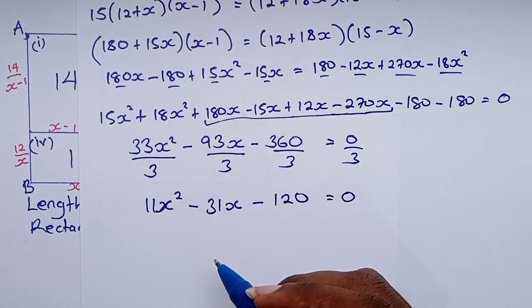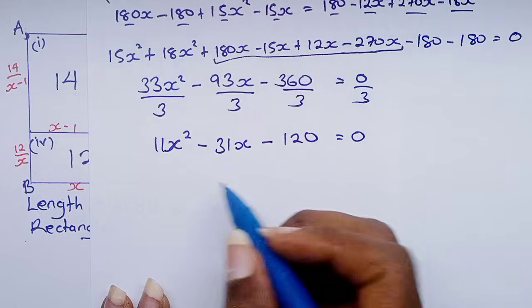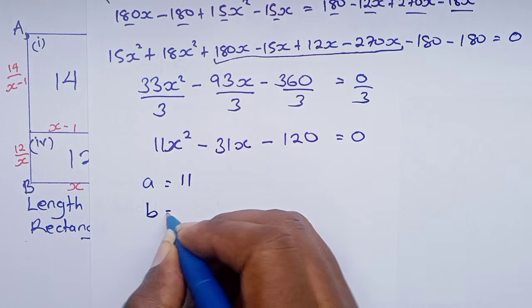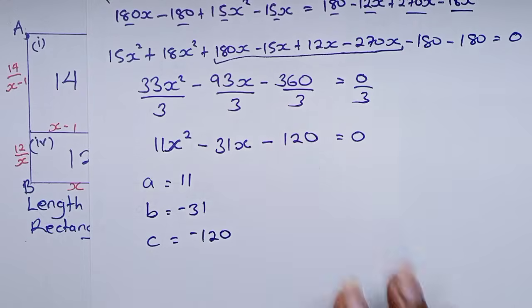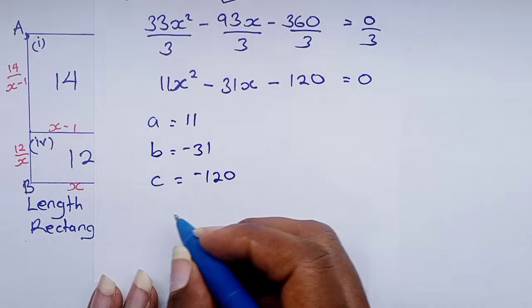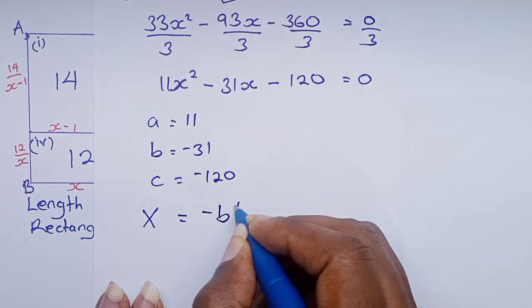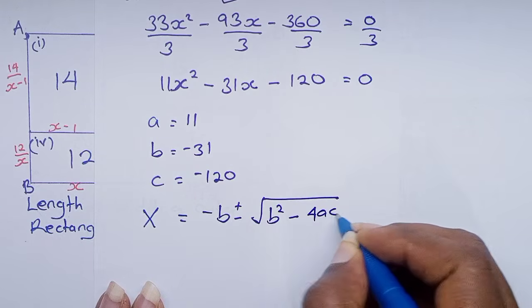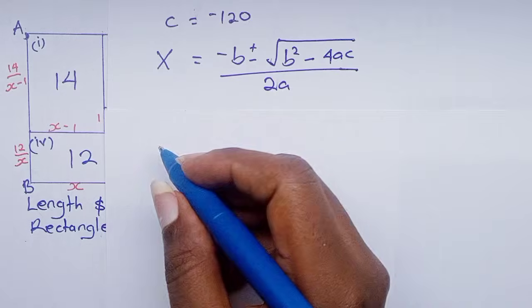As you can see, we come up with a quadratic equation and we're going to solve it using the quadratic formula. So our value of A here is 11, our B is negative 31, and our C is negative 120. The quadratic formula is x equals minus b plus or minus root b squared minus 4ac over 2a.